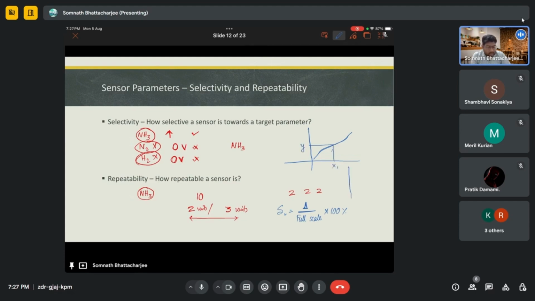In the second case, similarly, we have measured another characteristic where for the same value of y we get the value of x2. So here del, that is the deviation of the input value, is x1 minus x2. This is how we measure the value of repeatability.